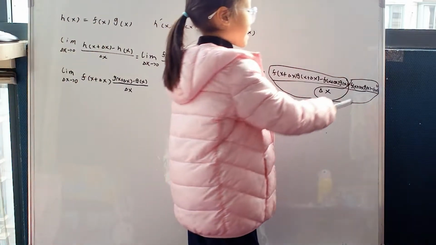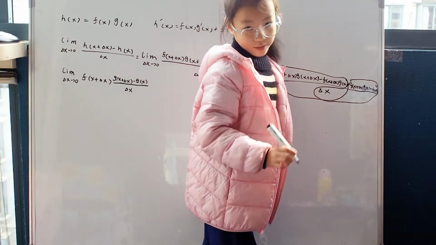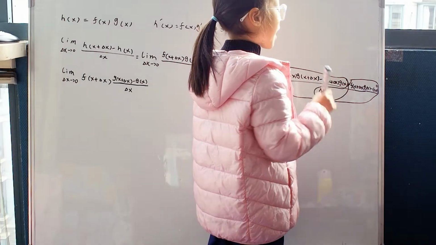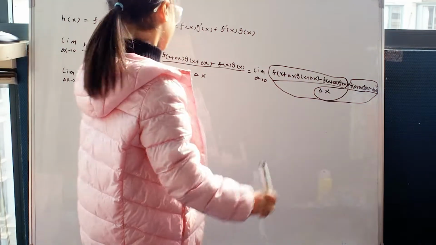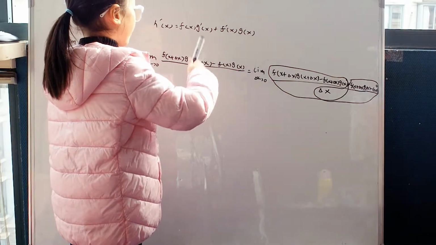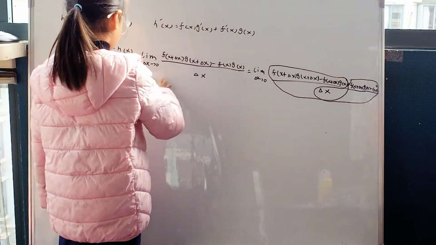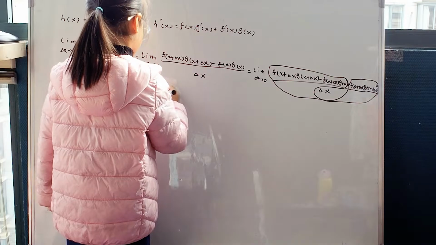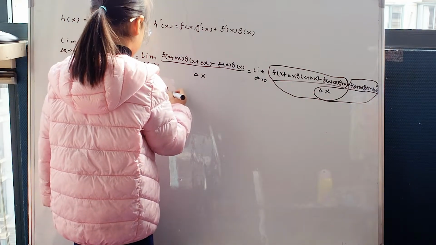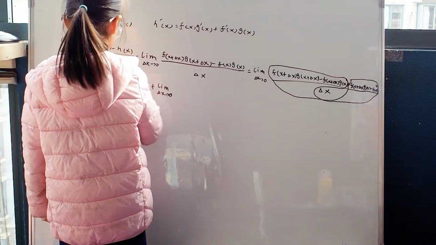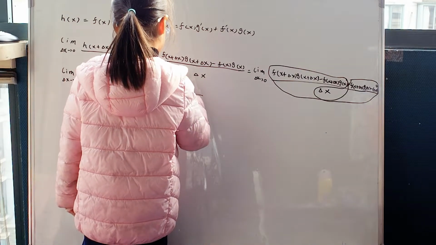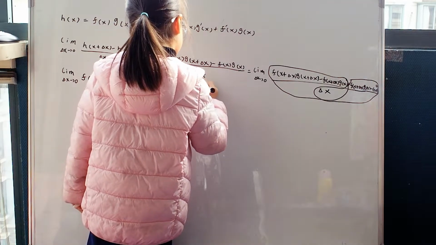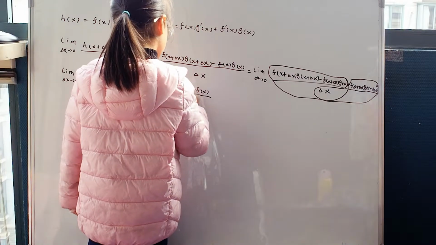And in this part, let's take the g(x) out. If we take g(x) out, f(x plus delta x) minus f(x) over delta x is another form of the derivative of f(x). So it's plus limit delta x approaching 0 of f(x plus delta x) minus f(x) over delta x.